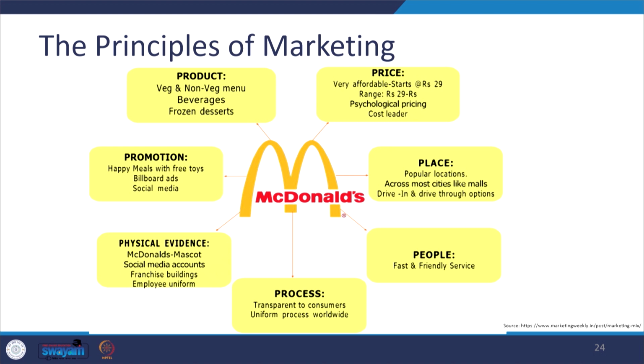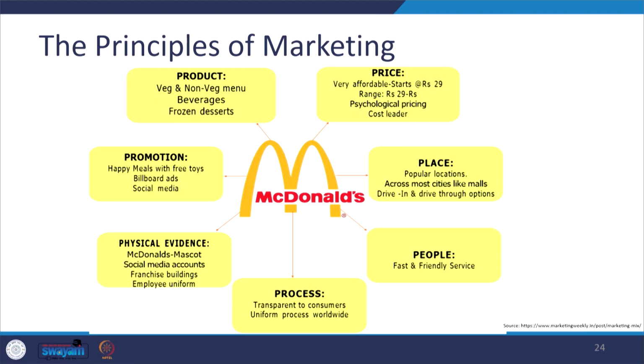So, they use psychological pricing and even cost leadership to have their products priced very accurately. Coming to place, they are present across popular locations, usually on highways and malls, across most cities, and they also have drive-in and drive-through options as well.